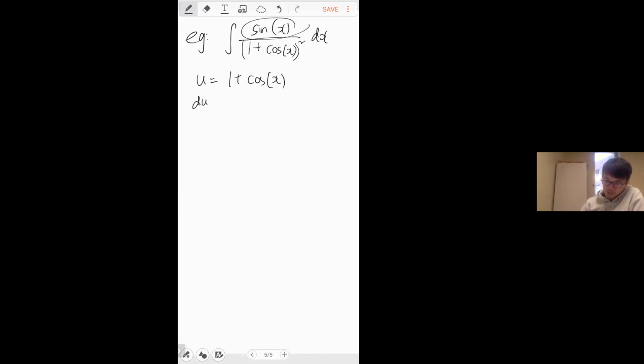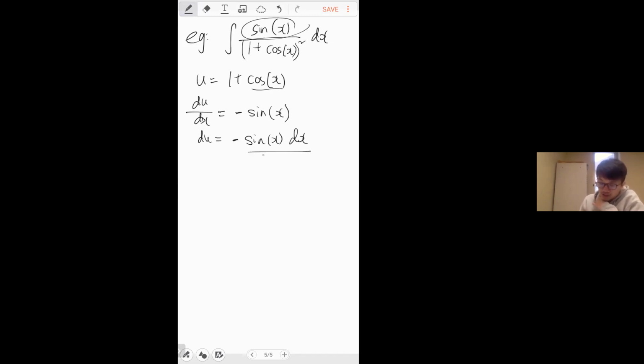And so the next step, I want to compute du dx. So what is du dx? Du dx, this is the derivative of 1 is 0, and the derivative of cosine is negative sine of x. And so du equals negative sine of x dx. Is it okay?